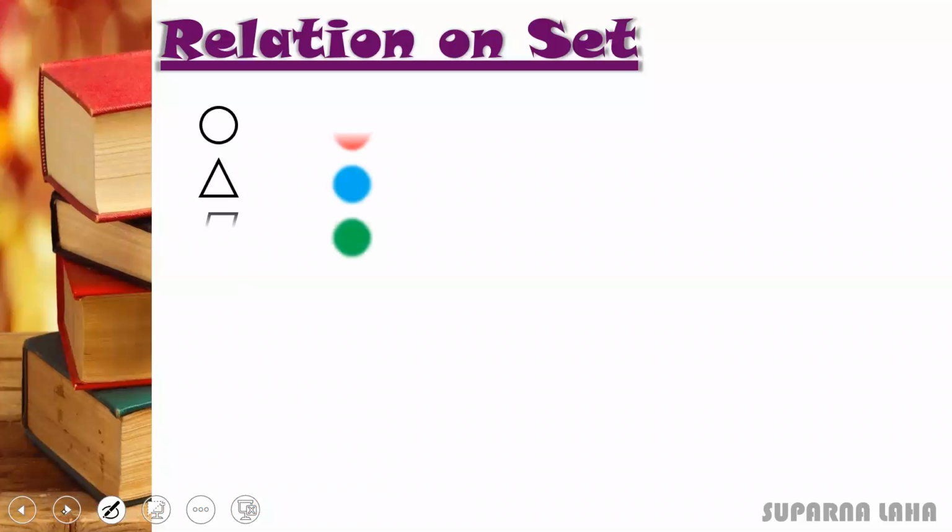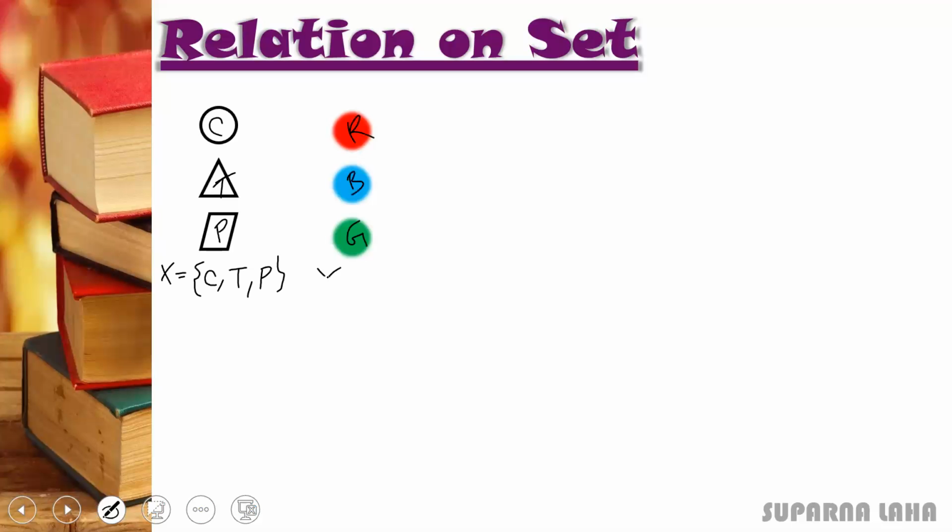So let us take the same example I have taken for showing this Cartesian product. So here the first set X is given by this circle, triangle and parallelogram. So the members of X are C, T, P. And then these colors: red, blue, green.